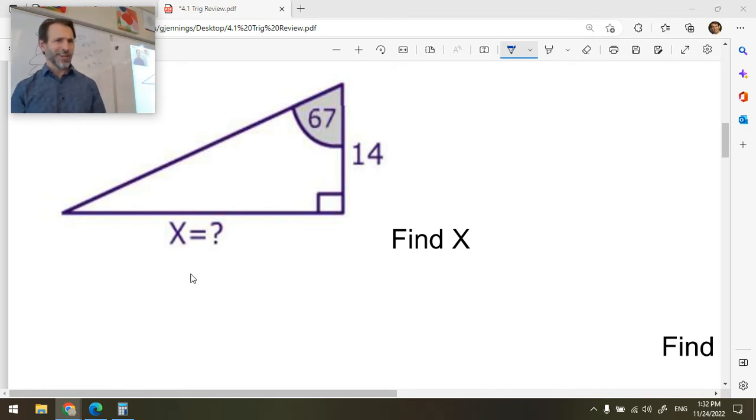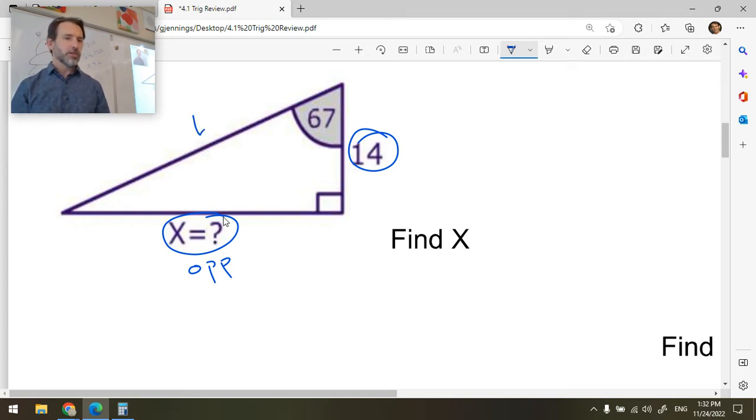Why would I use tangent here, Caden? Oh, because I'm interested to find the opposite side, and I know the adjacent side, so great. I have tangent, which relates opposite and adjacent. Notice, no one cares about the hypotenuse in this problem. So cosine and sine both use hypotenuse, so we're not going to need them. We need the other one, tangent.